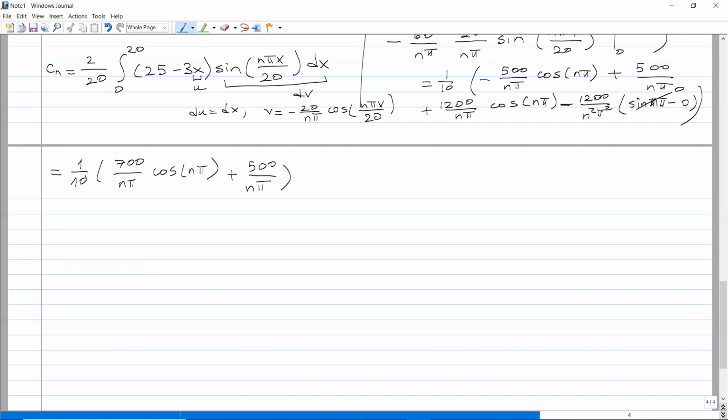And the 10 we can simplify. So Cn is 10 over n pi, 7 cosine n pi plus 5, right?